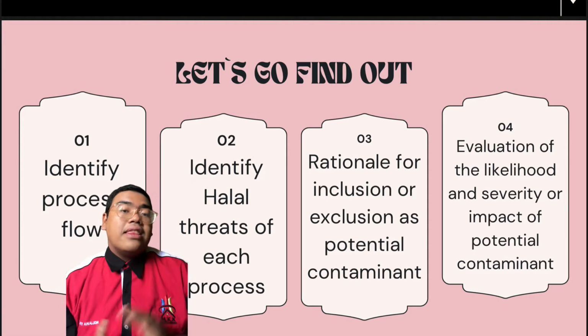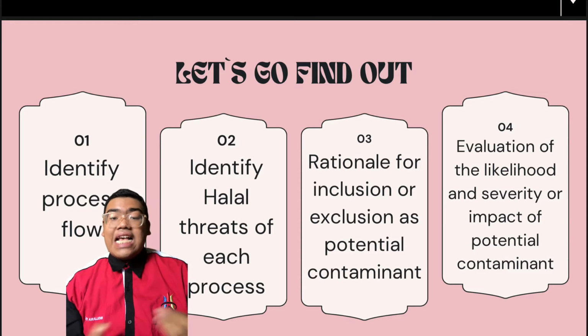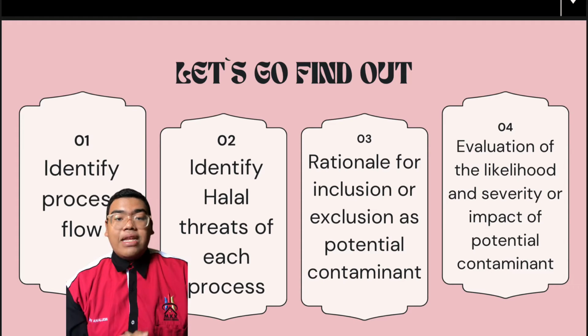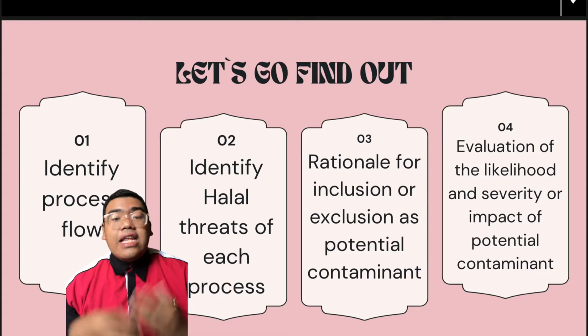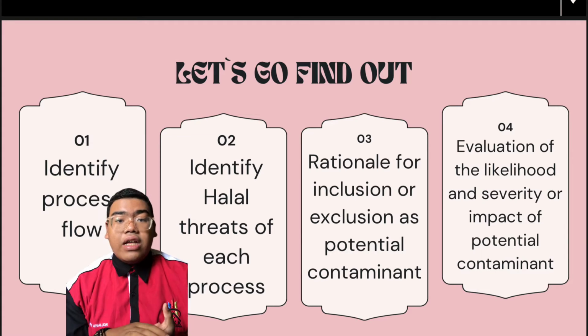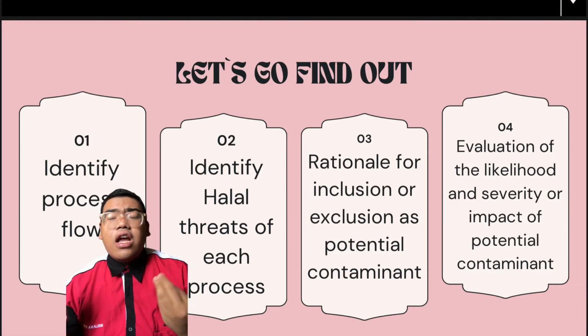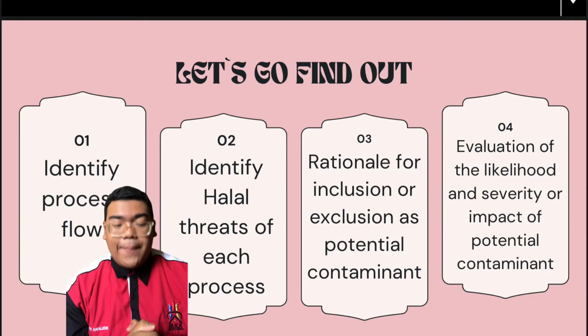The third step is the rationale for inclusion or exclusion as a potential contaminant, where we must identify the halal trait in each process to know whether a potential contaminant can happen in each of our process steps.